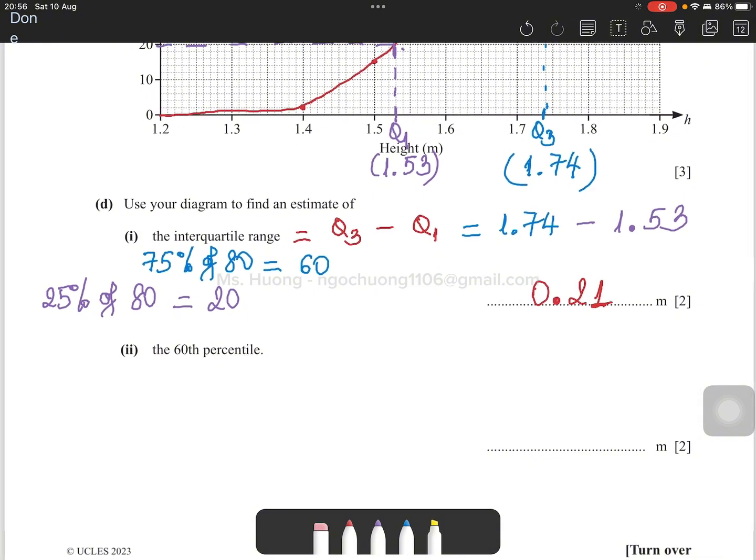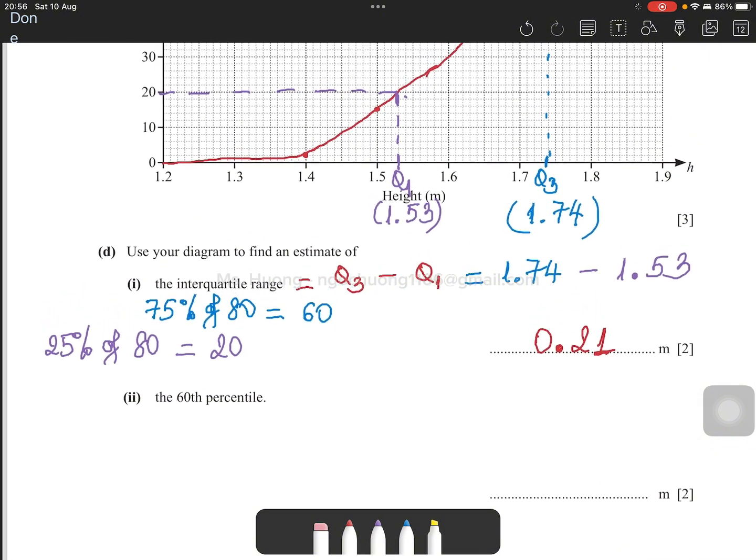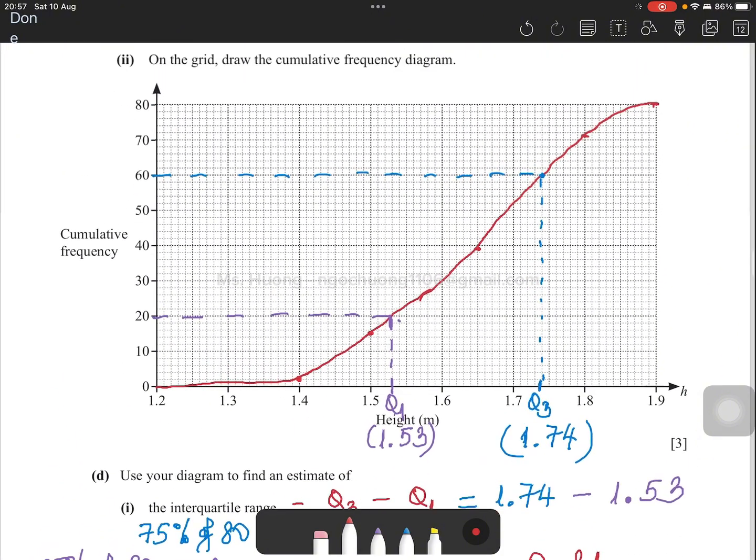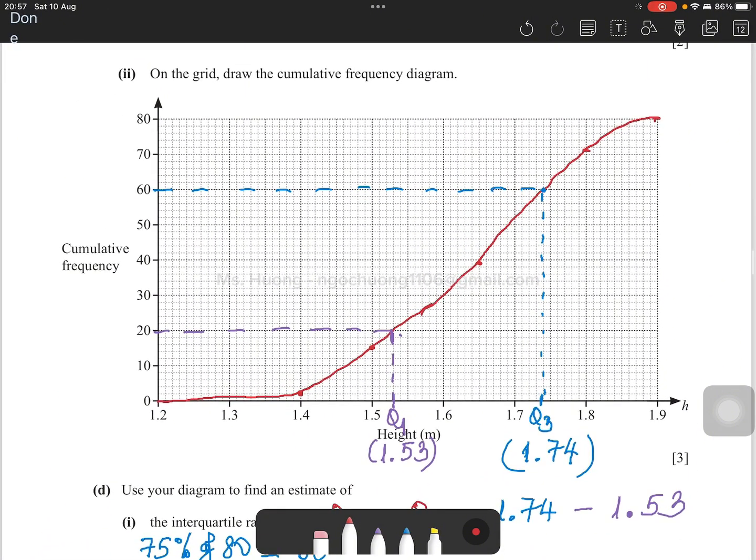Second question. Find the 60th percentile. To do this, you find 60% of 80, which is 48. So we'll start from 48. We move to the right. And then we move down.